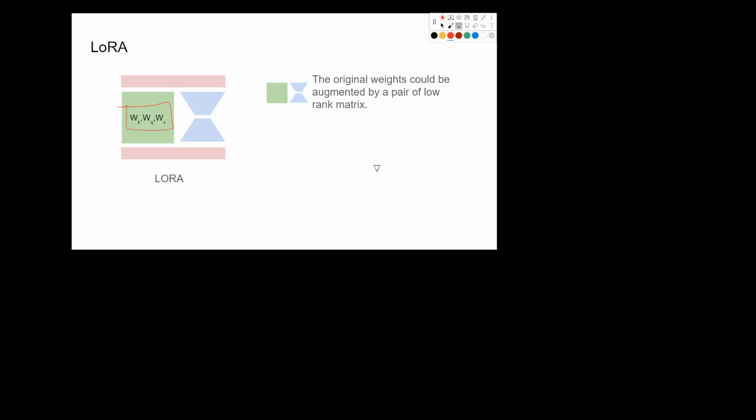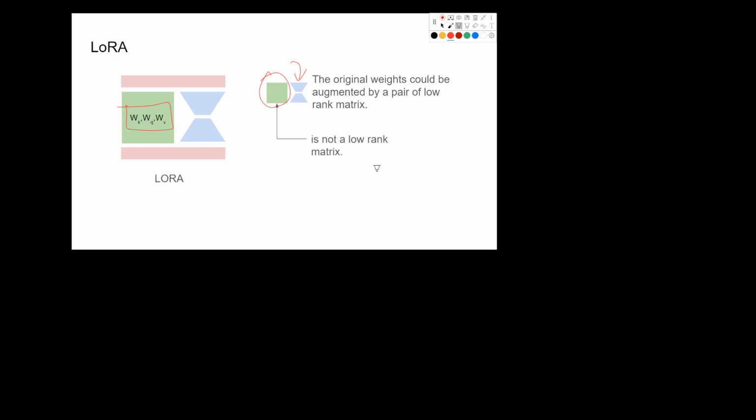During the training, we will not change the original matrix. We will change the low-rank matrices instead, so that the memory and the computation time will be reduced.